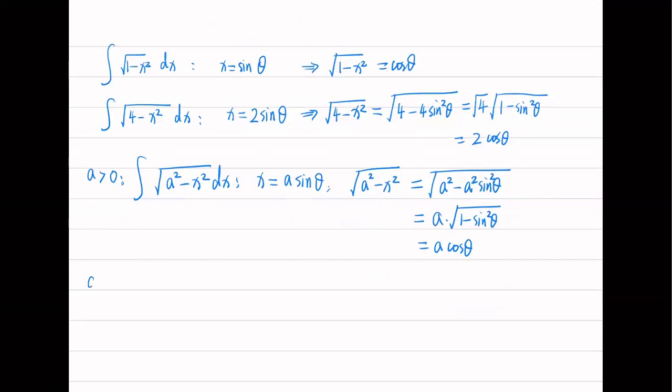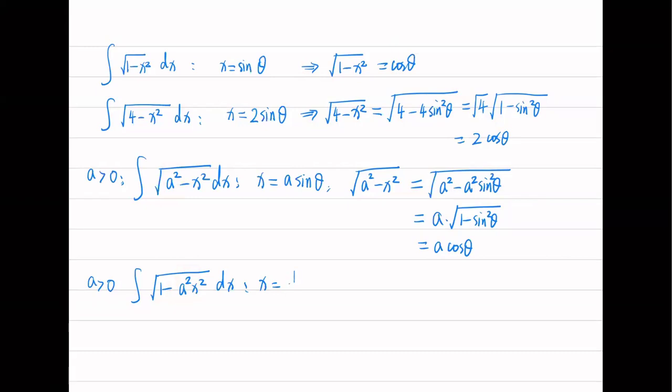Okay, and again, a positive. The square root of 1 minus a squared x squared dx. What substitution do we pick? Do we use the same one or do we use a different one? A squared here, a squared there. Okay, nice. You know how to adjust it.